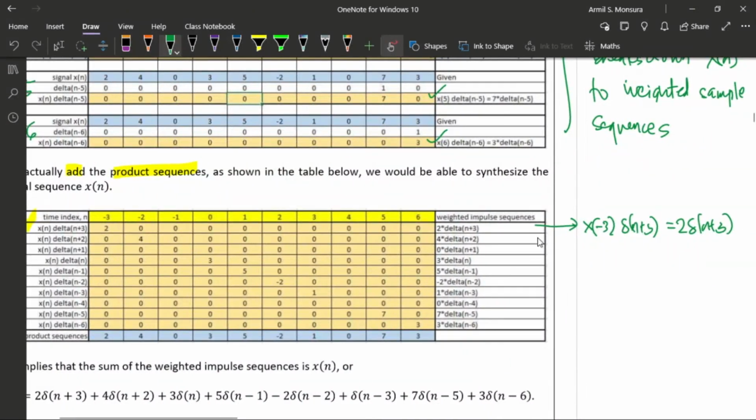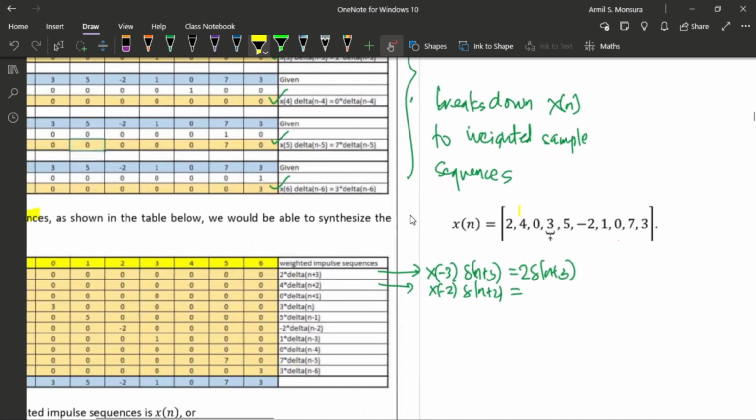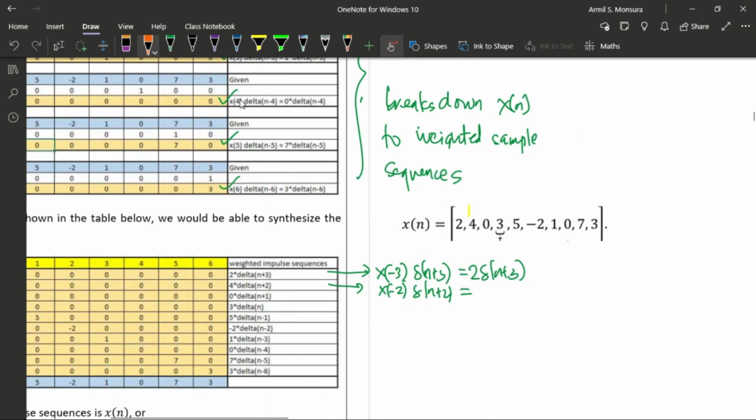Ito naman, this is x of negative 2 delta n plus 2, which is equal to ang value ng x of, wait lang. So, para mas convenient, dinala ko na yung kopya ng xn dito. Here we can see that this is your x of 0.